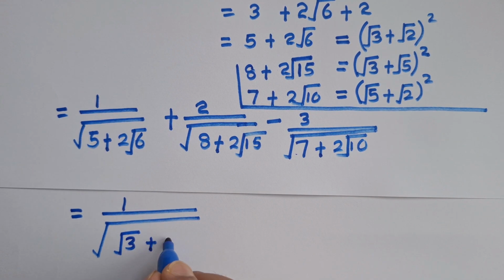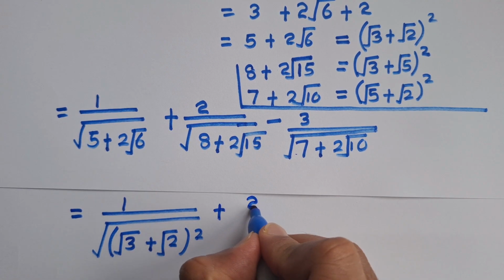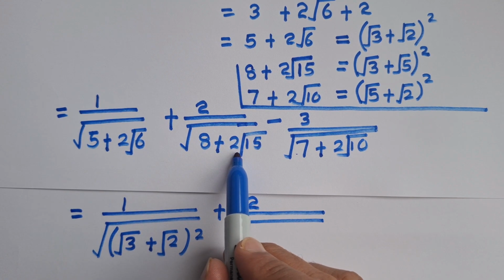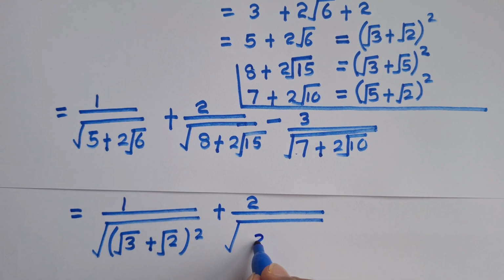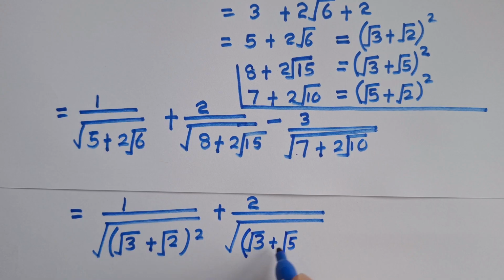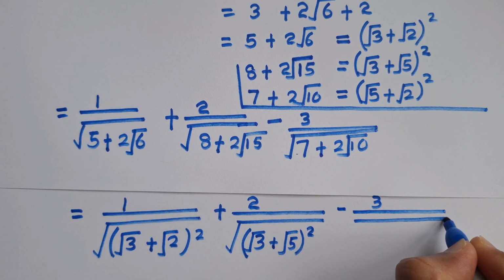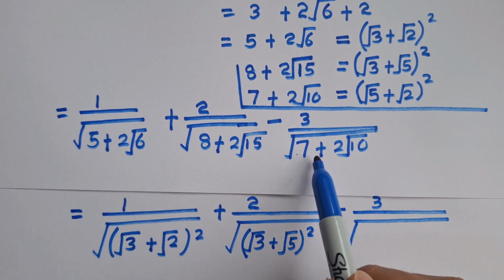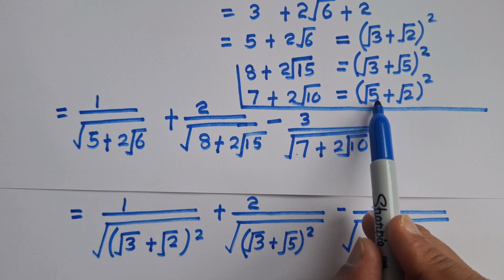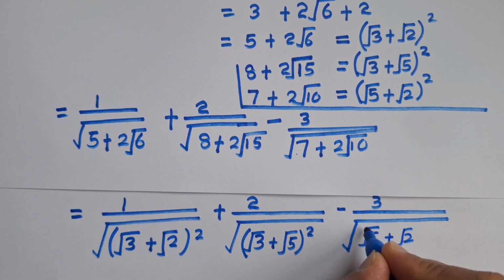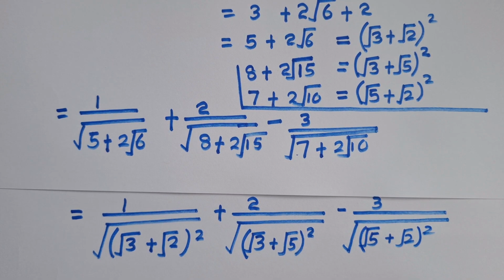So here we have square root of 3 plus square root of 2 whole to the power 2, plus 2 over square root of 8 plus 2 times square root of 15, which can be replaced as square root of 3 plus square root of 5 whole to the power 2, minus 3 over square root of, here 7 plus 2 times square root of 10 can be replaced as square root of 5 plus square root of 2 whole to the power 2.